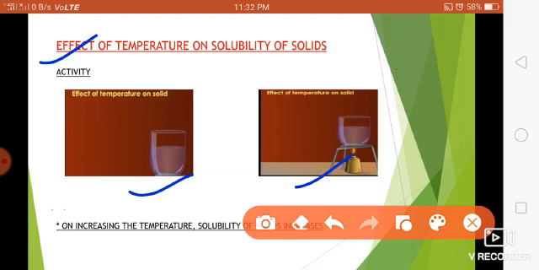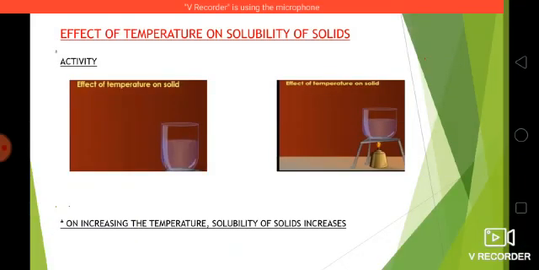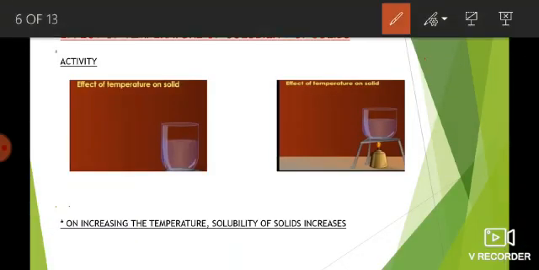So here you can see we are heating the water in this. Now we have to add equal amount of sugar in both the tumblers. Suppose we are adding 1 teaspoon of sugar to it and 1 to it.